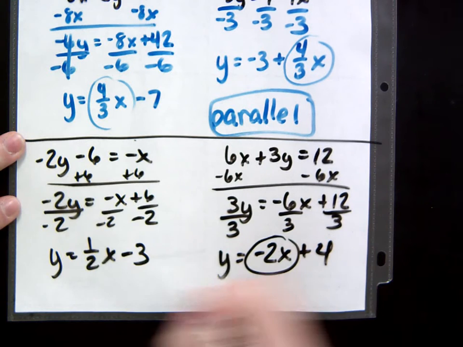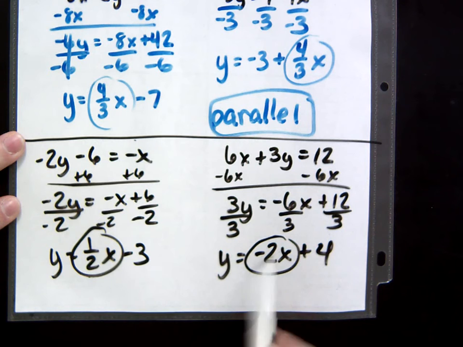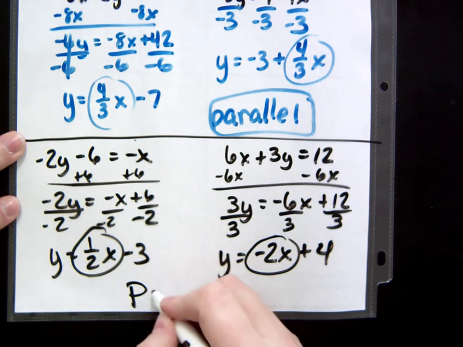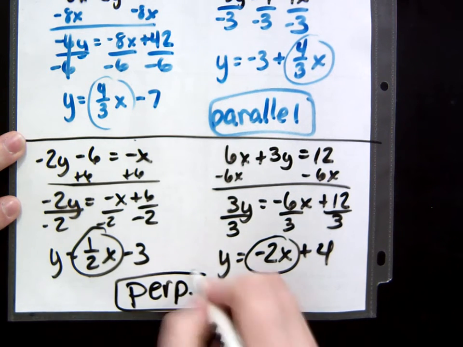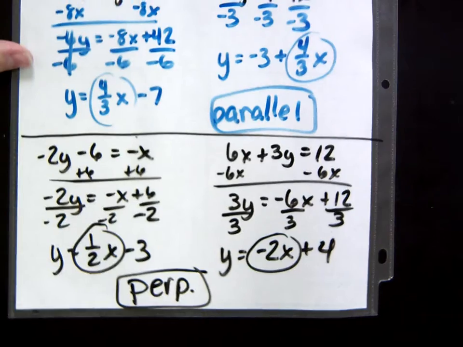So I look at my slopes. One's positive, one's negative, and 1/2 and 2 are reciprocals. So this is perpendicular. Now it is possible for our lines to be neither parallel nor perpendicular.